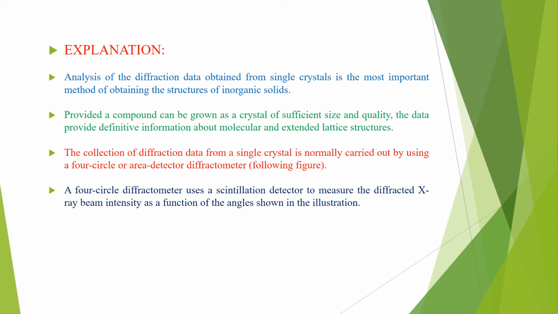The collection of the diffraction data from a single crystal is normally carried out by using a four circle or area detector diffractometer, which is shown in the coming slide. A four circle diffractometer uses a scintillation detector to measure the diffracted X-ray beam intensity as a function of the angles shown in the illustration.